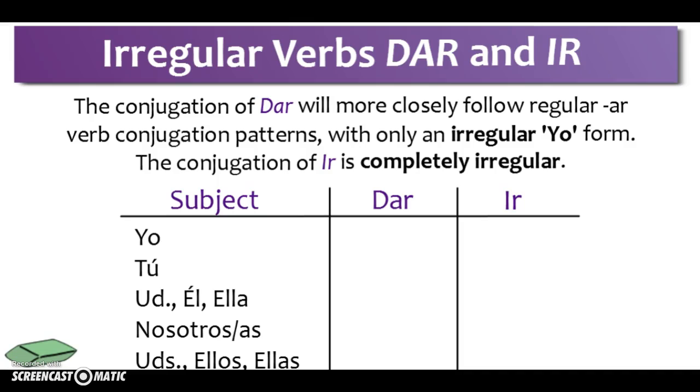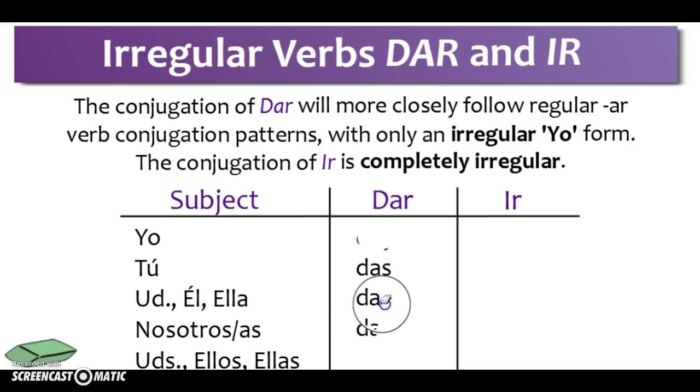The regular conjugation for tú is like the other AR verbs that we have seen, which is das. You had your infinitive, took off that ending of AR, and put on the AS ending that you would for other AR verbs.